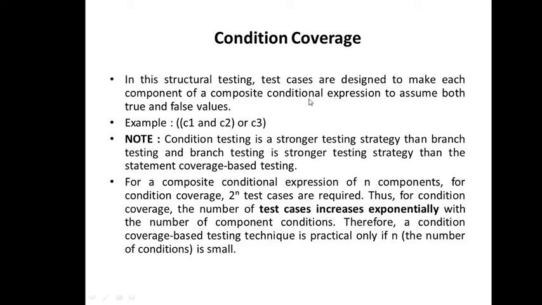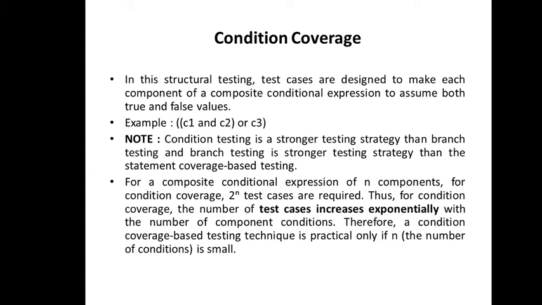So we have composite conditional expressions, and on top of it there are certain logical operators. So true and false value for this, true and false value for this, true and false value for this, as well as the AND operation, and true and false value for this OR operation. So ultimately you will find we have to assign true and false values, so a multiple number of test cases are required to be developed here, right?